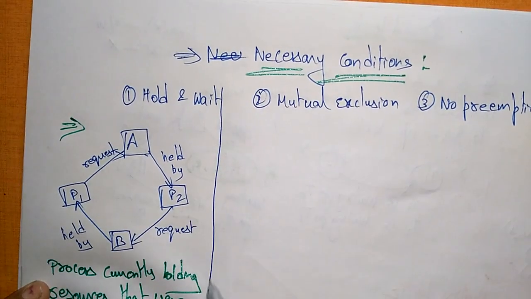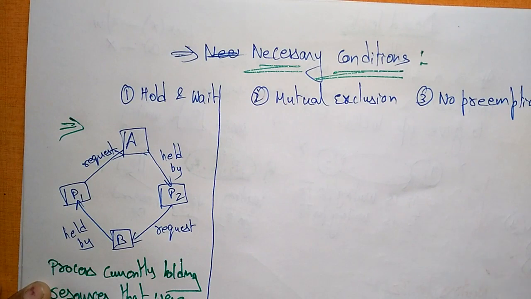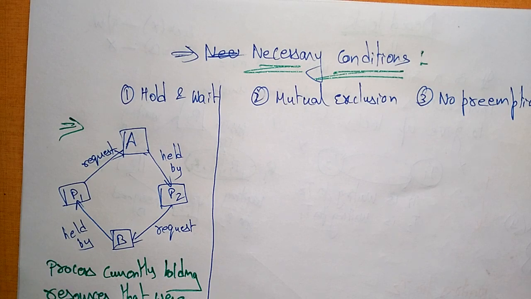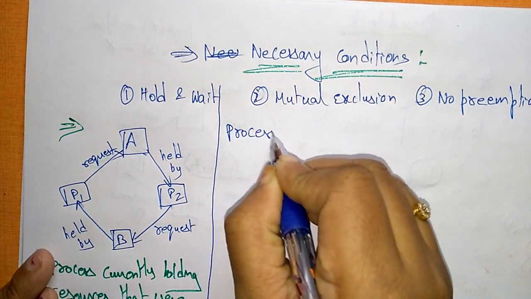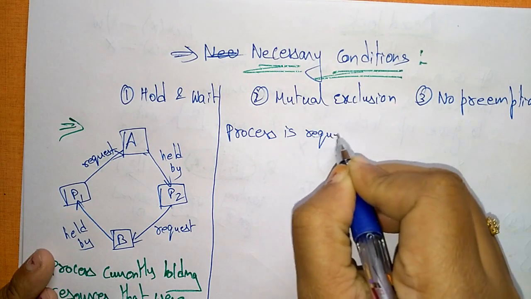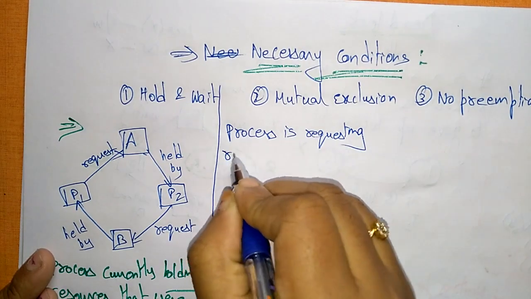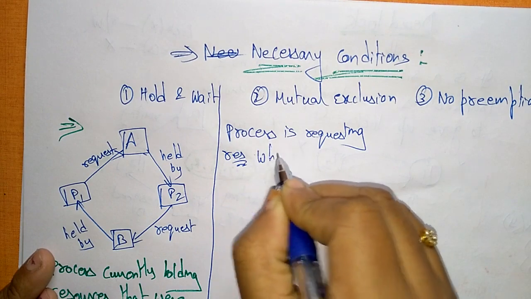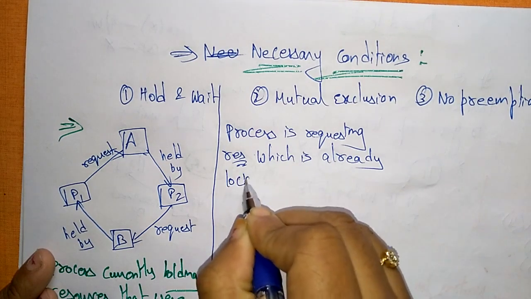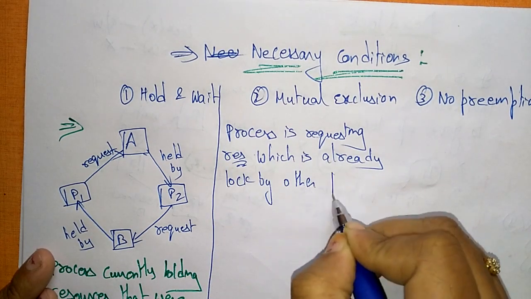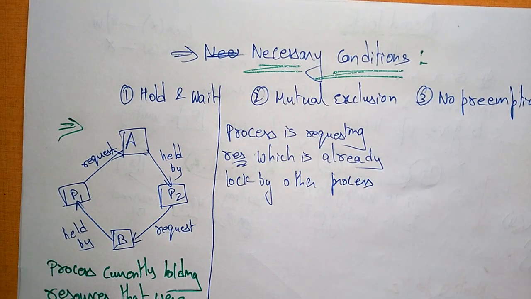Next, the next condition is mutual exclusion. What is mutual exclusion? Mutual exclusion is nothing but a process requesting resources which are already locked by another process, or else you can say a resource may be acquired with an exclusive lock by only one process at a time.